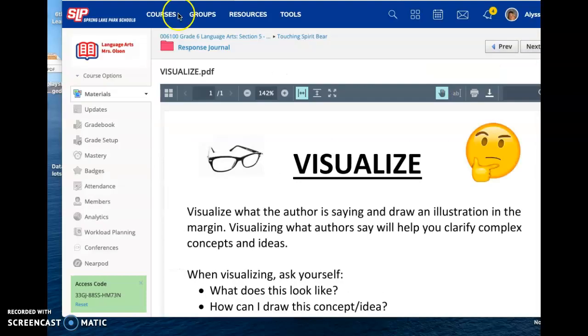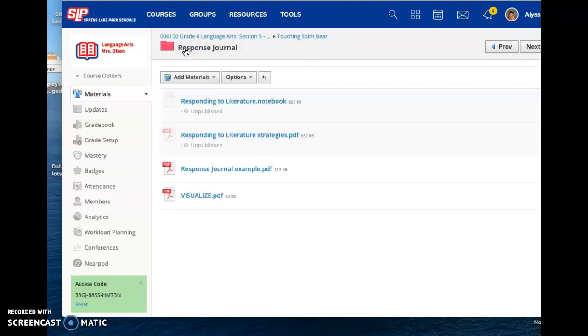Lastly, let's talk about where to find this. You are going to find this information in your language arts course. Go to your Touching Spirit Bear folder and head to that red response journal folder. Once you get to that response journal folder, you'll see an example of that response journal here, and then the example of what to do for visualization here.